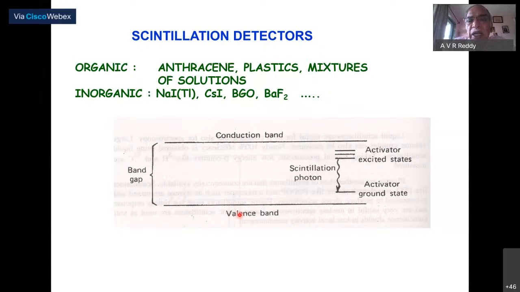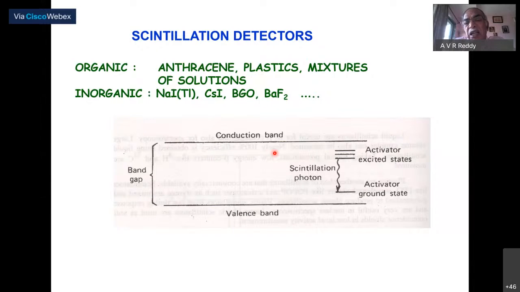While they are going to the conduction band, a hole will be left behind. And if there is an electron here, that electron will come and occupy it, then the hole appears as if it has moved here. Both electrons and holes together are called an exciton pair. And the movement of both electron and hole will create your signal.